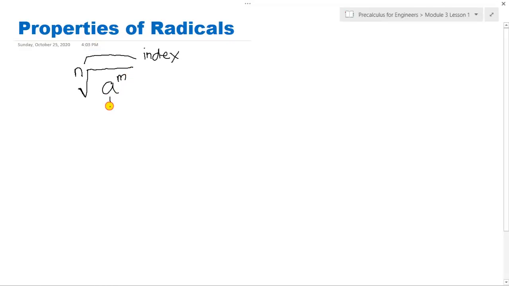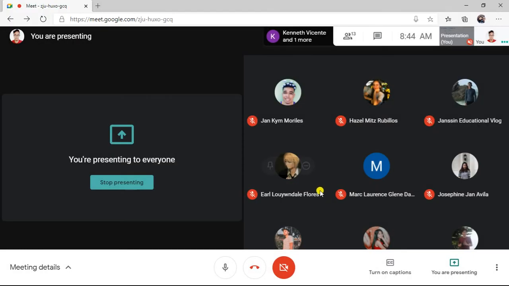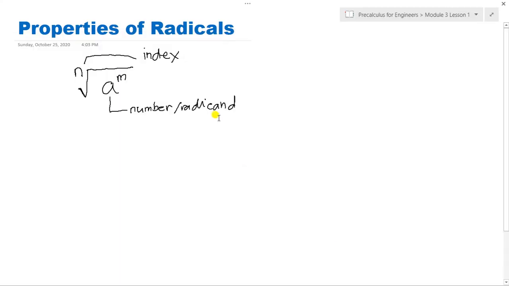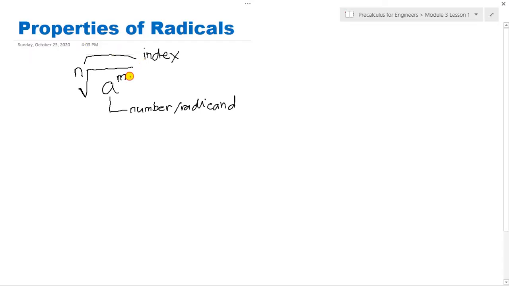Then a here is the number, or the radicand. Then how about m? So m is, of course, the exponent of our radicand. So exponent of the radicand. And for the first rule, so di ba parts pa lang yan.